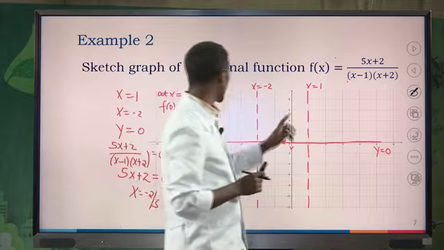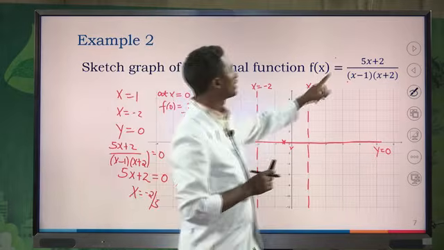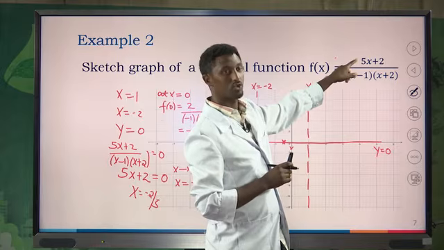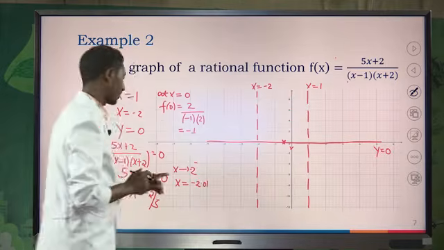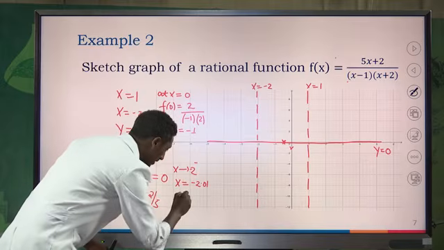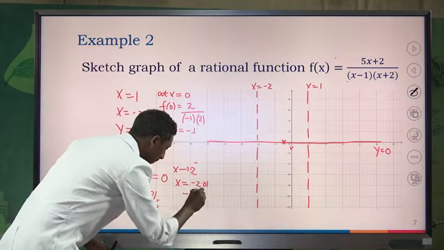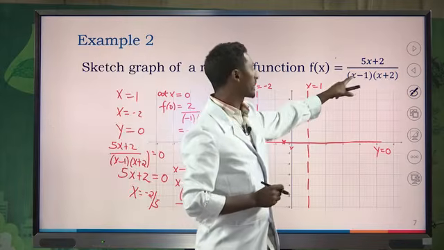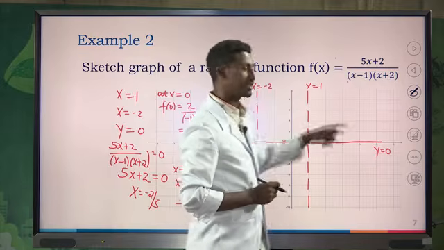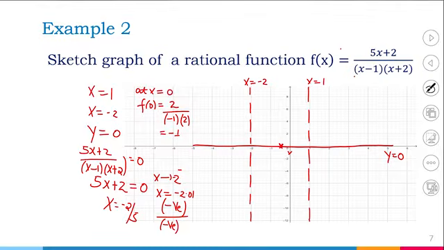If we substitute minus 2.01 in place of x, it will be negative 10.02, then plus 2. Then at this x, the numerator has a negative sign. Then over, at x equals minus 2.01, this is also negative. So put a negative, because here the objective is not to evaluate, it's to determine the sign. Minus 2.01 plus 2 is also negative.